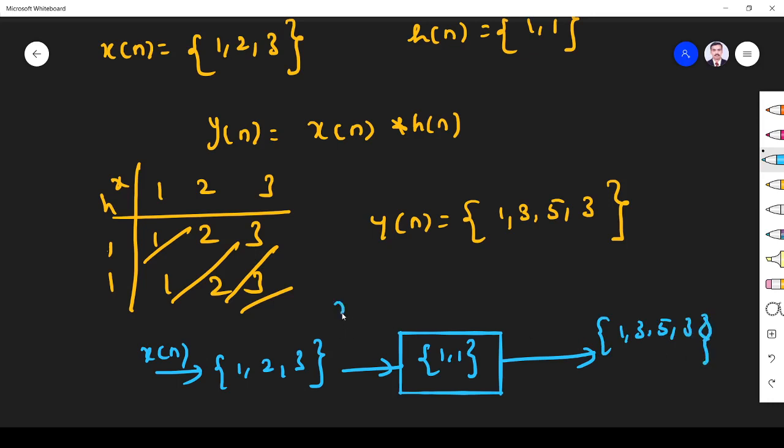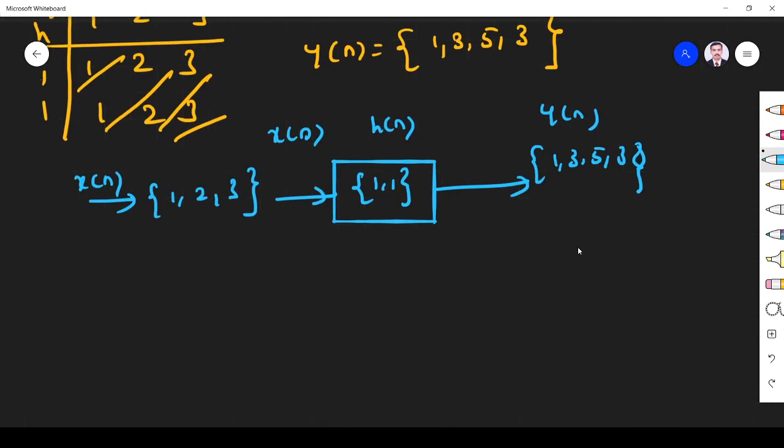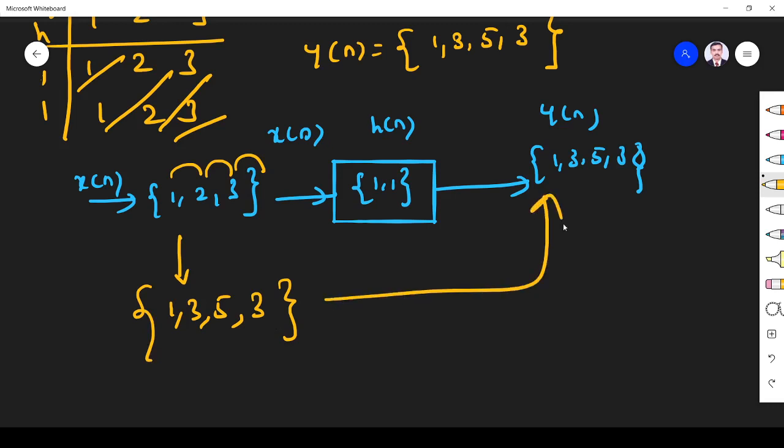This is x of n, this is h of n, this is y of n. See what y of n is: the first two are added, then the next two are added, then this is added with the next one. That is our output. What I have done here is y of n equals x of n plus x of n minus 1.